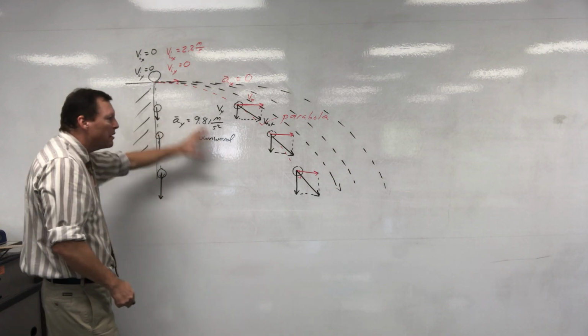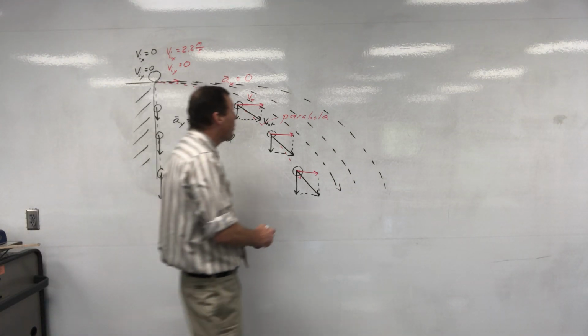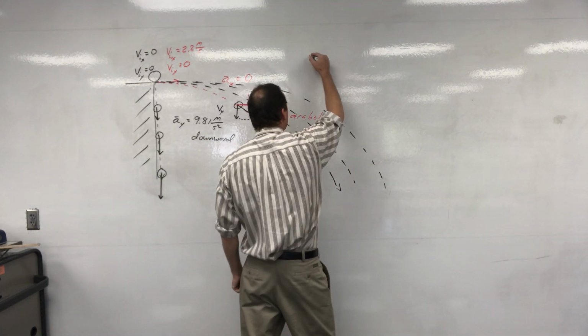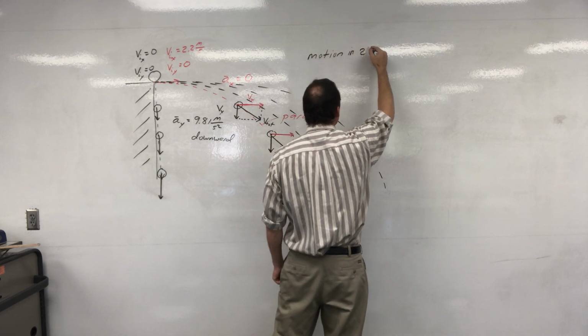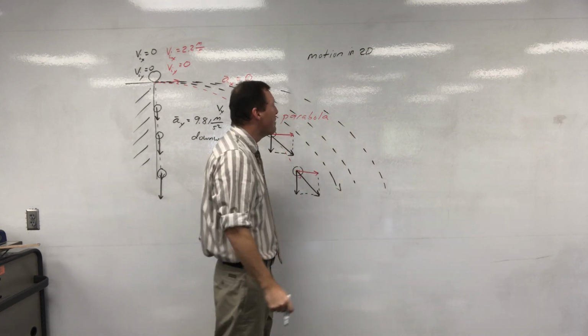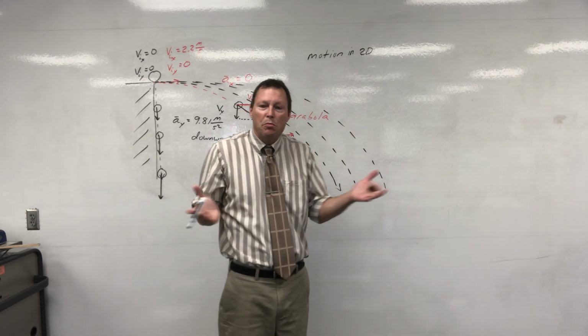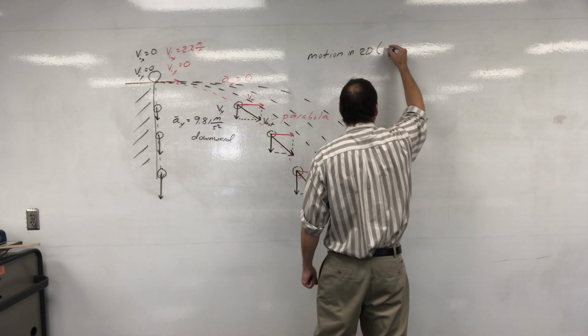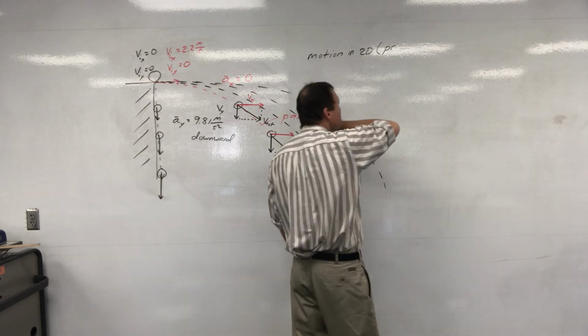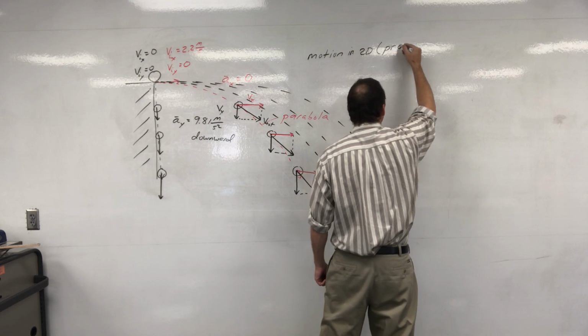Now, let's go ahead and write two definitions down. So the first definition is motion in two dimensions. 2D, two dimensions, right? Because it's moving both vertically and horizontally at the same time. This is also called projectile motion.